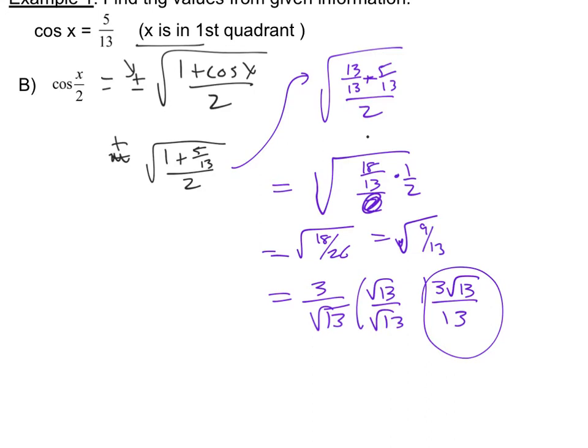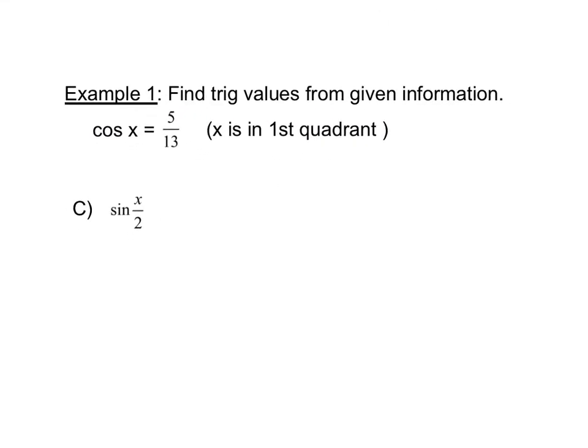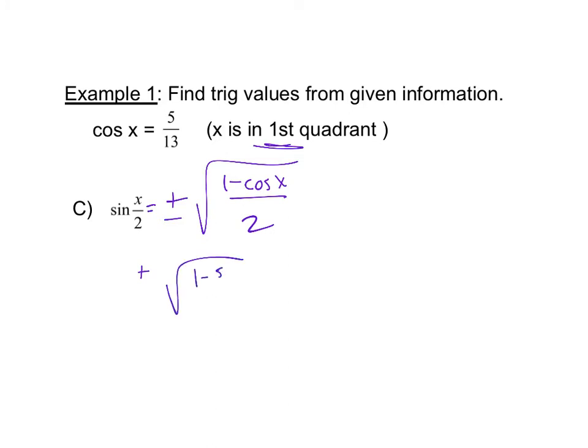All right, so now for sine: does the sign change when you go to sine? It's the square root of (1 minus the cosine of x) all over 2. Once again, x is in the first quadrant, so I want the positive. So it's going to be 1 minus 5 over 13 over 2. Here we have to look at it a little bit differently. 1, I'm going to rewrite as 13 over 13 minus 5 over 13.